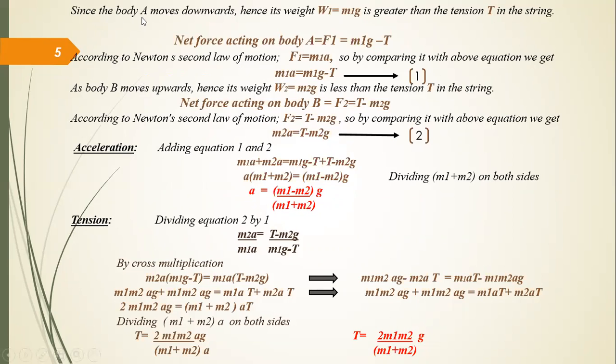Since body A moves downward, its weight W1 equals m1g, which is greater than the tension T in the string.